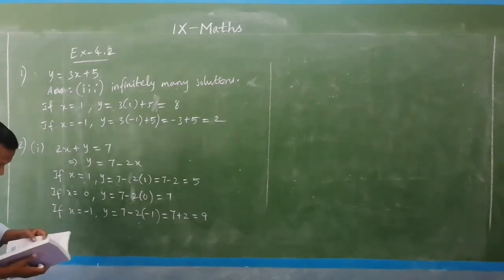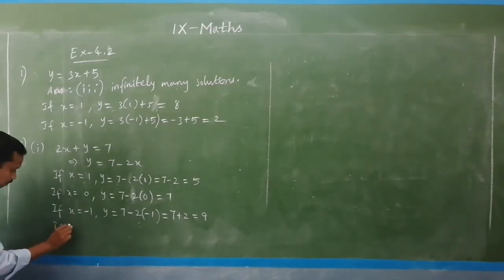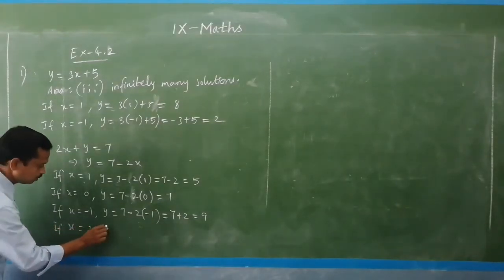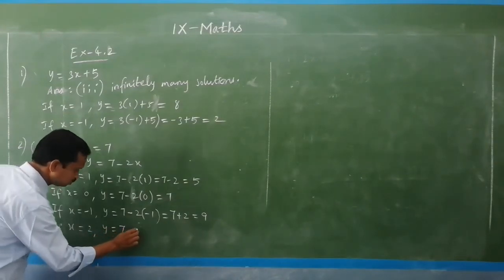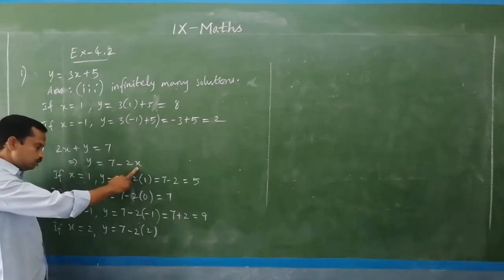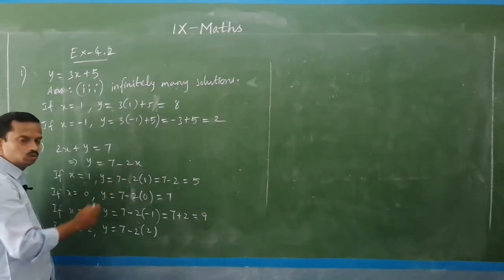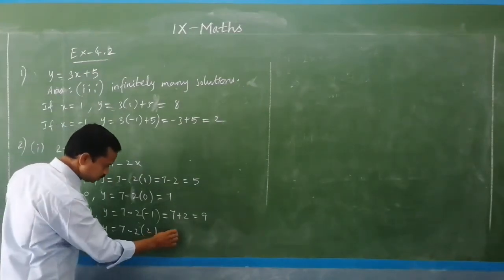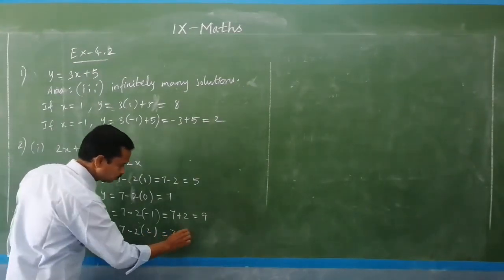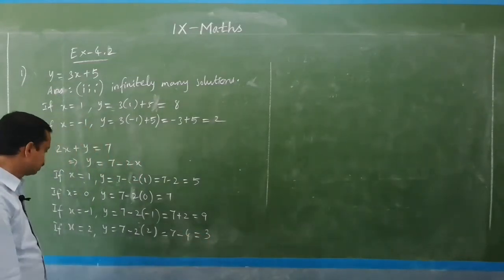What is the question? We have to find 4 solutions. So, if x equal to 2, then y equal to 7 minus 2 into 2. We just apply the value for x. So, 7 minus 2 into 2, 4, and we get 3.